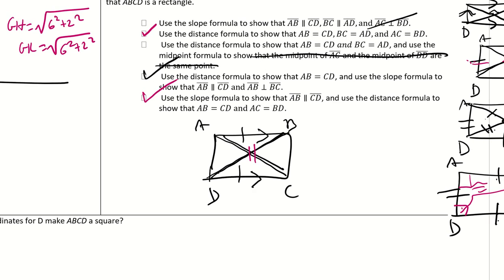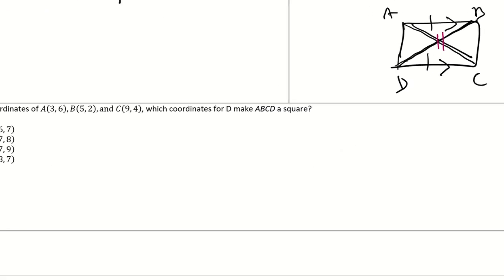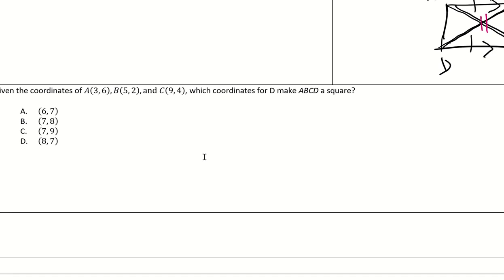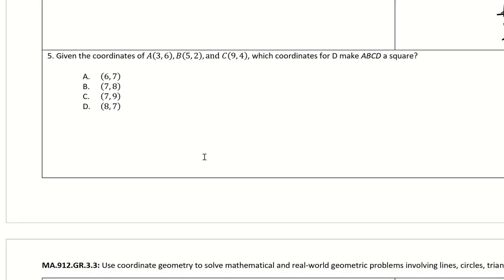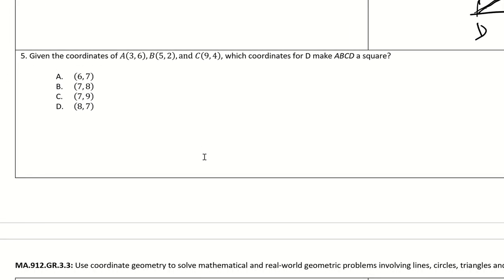All right. So let's finish up this last one, and then we'll call this part 3 for the end of part 3. Given the coordinates given, which coordinates for D make ABCD a square? So let's go ahead and just draw real quick just to make it fast here. 1, 2, 3, 6.